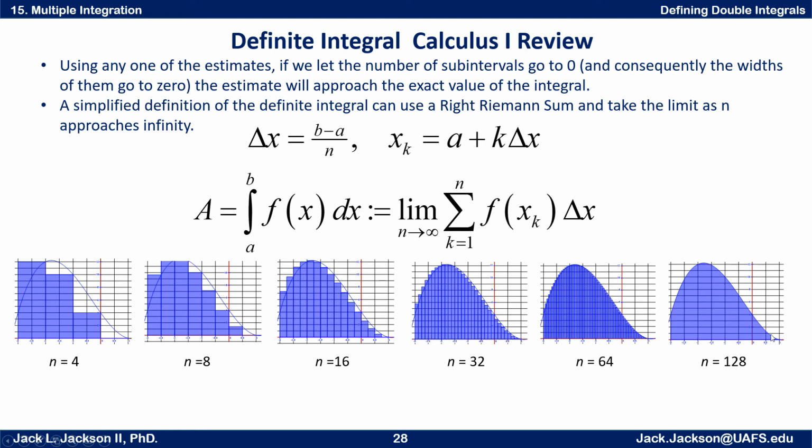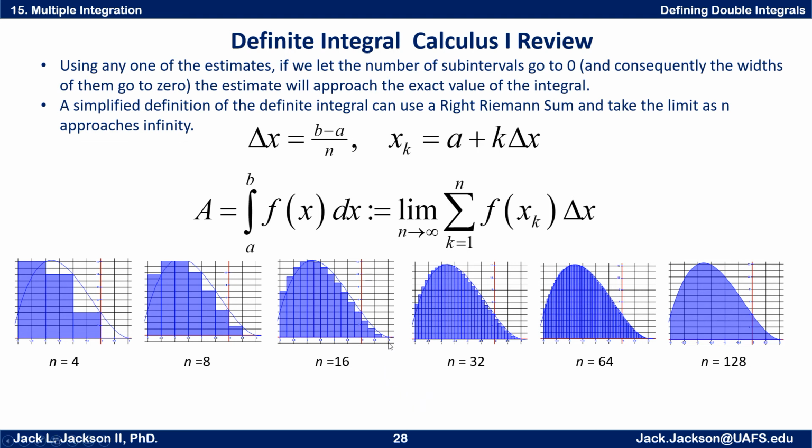It's starting to approach the actual area we're looking at. So we can make it exactly that if we take our limit as n approaches infinity and the delta x's approach 0.